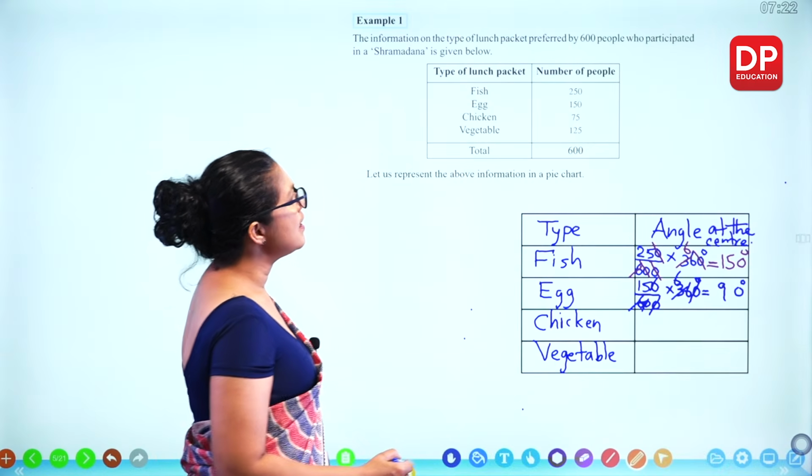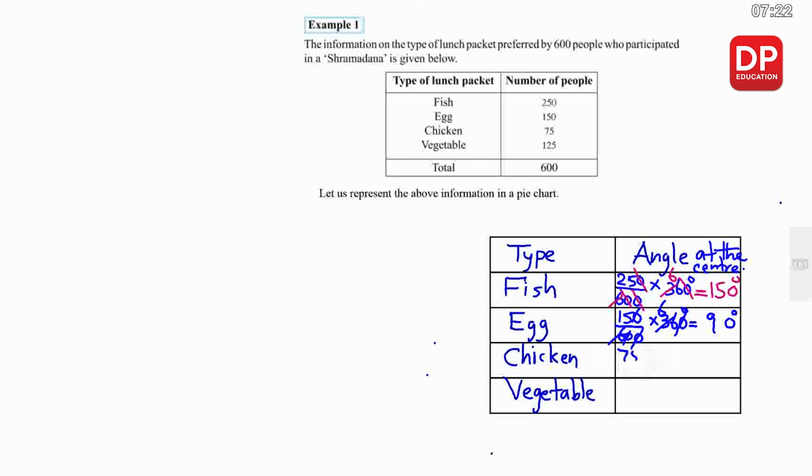What about chicken? 75 people out of 600 into 360. So when you simplify this, you get 6 times 75, 450 divided by 10. So that means 45 degrees.